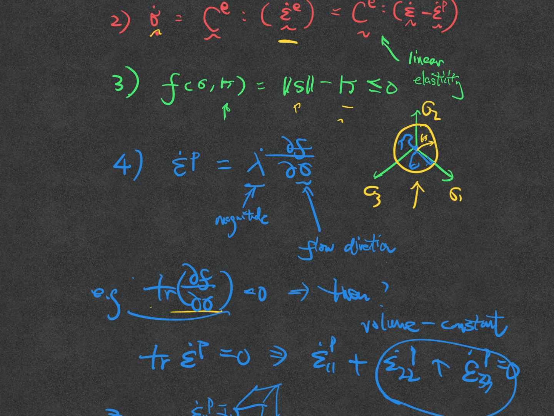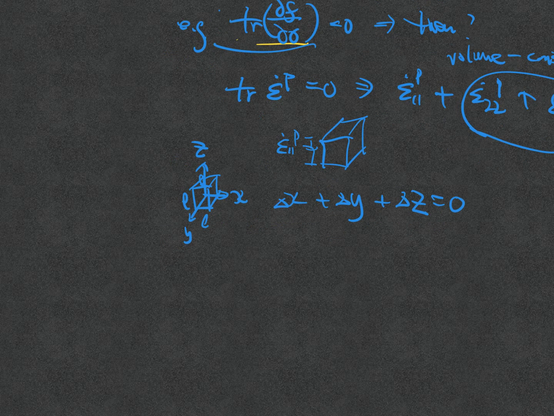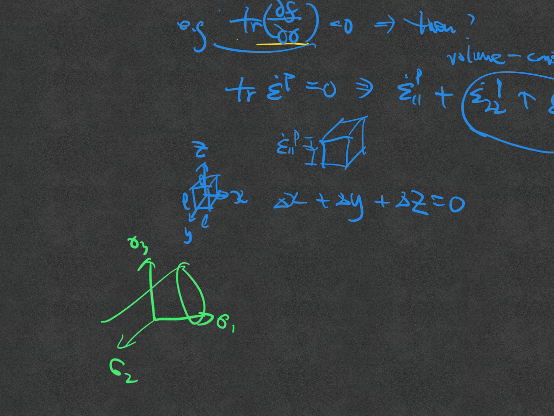Mathematically, the plastic flow direction is the normal direction of the circle. Okay, and if you plot it in the principal stress directions, the yield surface for J2 looks like this.